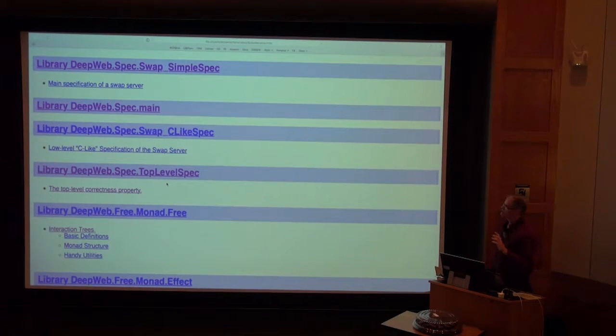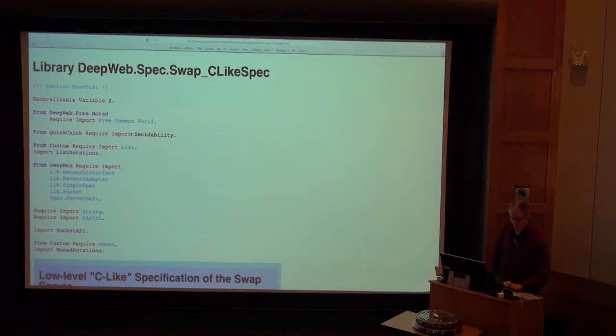So I'm going to skip over all of that part and just ask you to believe that we can write a swap server in C, and that was the abstract syntax tree of it. On Friday, Leonard will show you how to prove that that abstract syntax tree refines this.